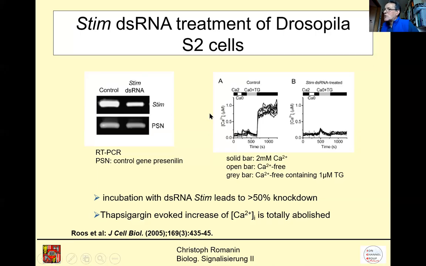And you can see what is happening here. When thapsigargin is applied, usually you see an increase in the calcium concentration because now the leak is working; the ER leaks out calcium. The question is, why does it go back to the level just before application of thapsigargin?